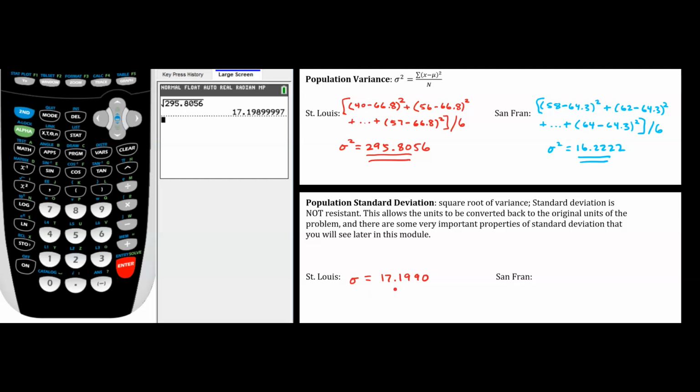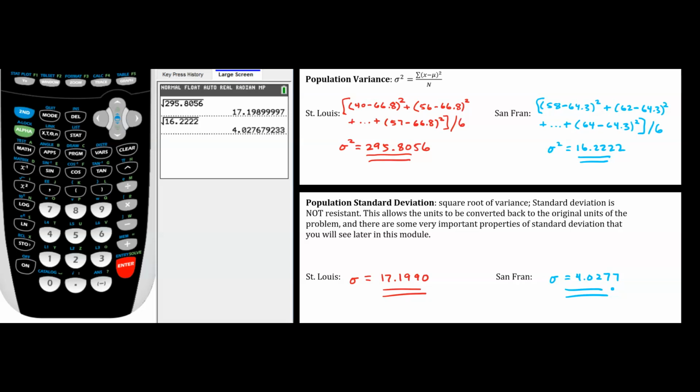So our population standard deviation would be this for the St. Louis data. And then for the San Francisco data, let's do the square root of 16.2222. And we press enter, and we get a population standard deviation of 4.0277, again, if we're going to 4 decimal places.